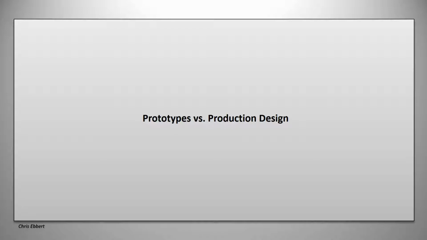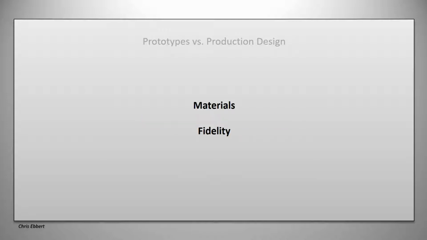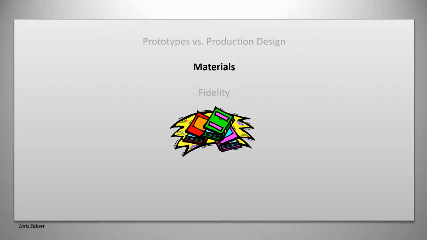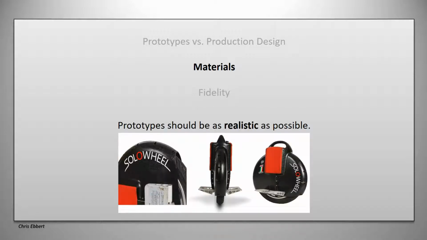Quickly, what is the difference between a prototype and production design? First of all, materials and fidelity are the 2 main issues that we deal with when we compare these 2. The materials are whatever they are, but you'll probably find yourself not using the real materials in the prototype. You might know the solo wheel thing here.